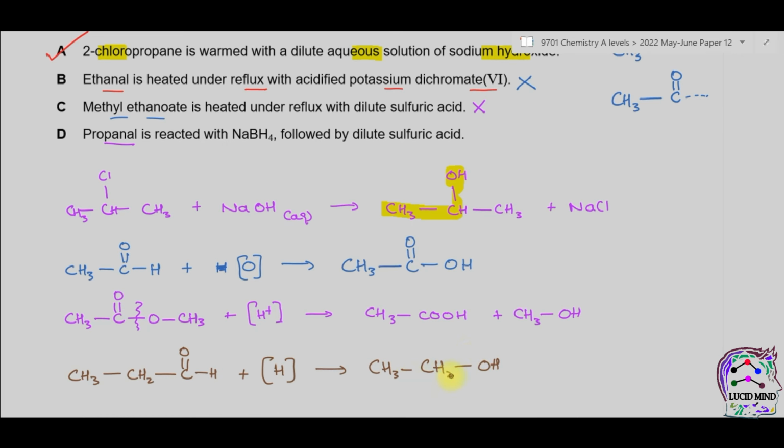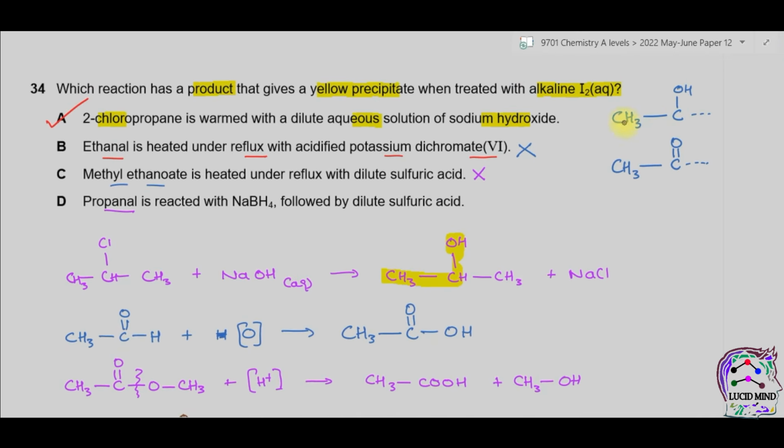So we can see a primary alcohol is formed, and it is not similar to this one because we need a secondary alcohol having CH3. So again this is incorrect. So the only correct option is then A.